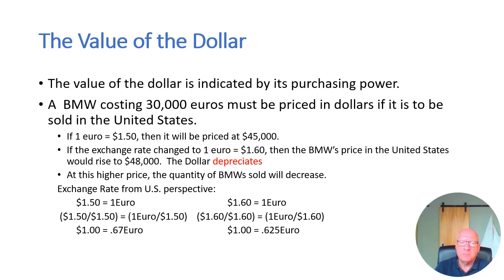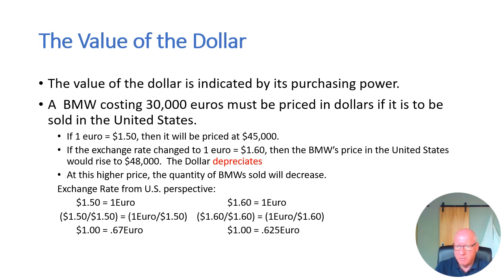But what if the exchange rate changes and 1 euro now buys $1.60? That means the US dollar has depreciated because 1 euro buys more of the American currency, or you can say the euro appreciated. But let's look at what happens when foreign exchange values change. The BMW still costs 30,000 euros in Europe.